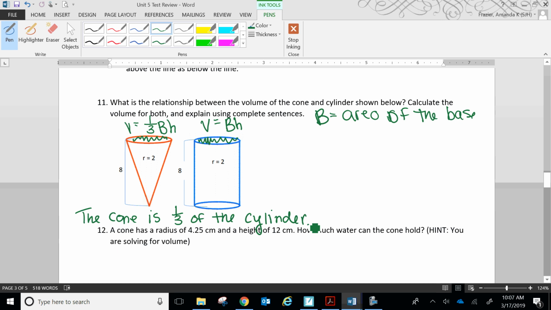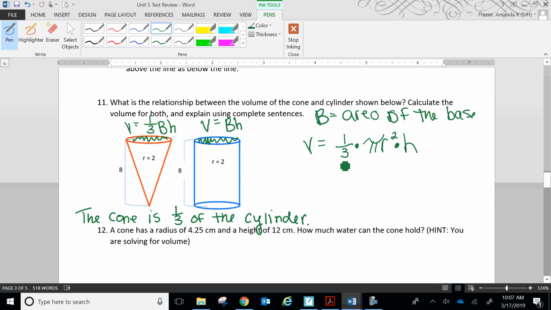Looking at my cone, I'm going to do 1/3 times the area of my base. To find the area of my circle, I'm going to do pi radius squared times my height. So this is for my cone.